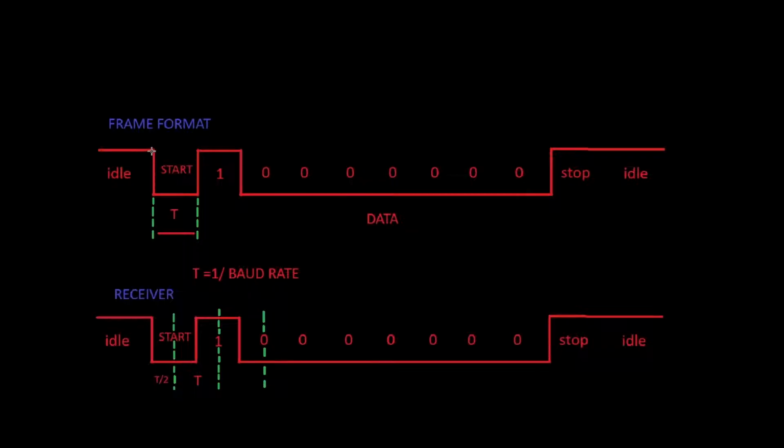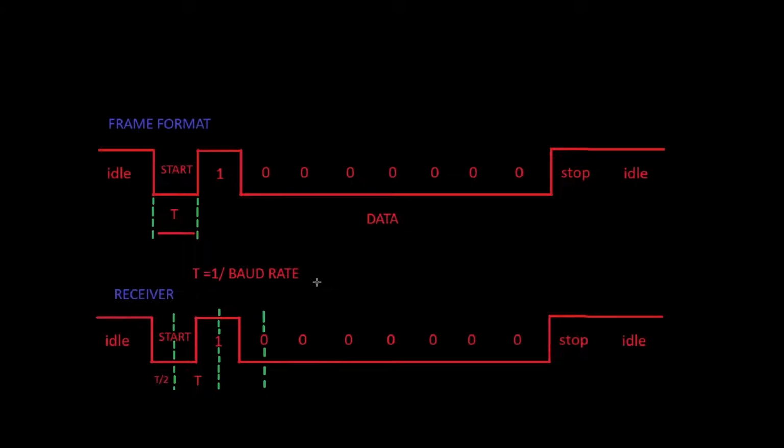But when that logic high signal drops to logic 0, you understand that data transmission is about to start, so it readies itself in the start state and waits there for t amount of time, where t is equal to 1 divided by baud rate.